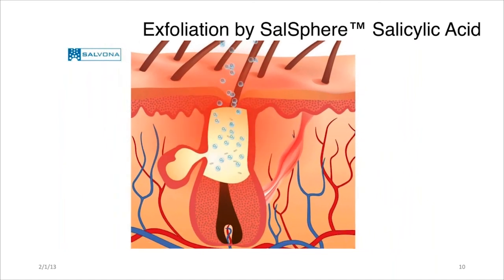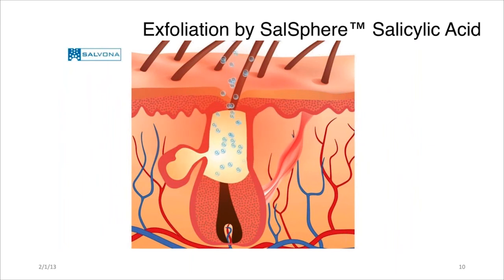The oxygen in the air is preventing the anaerobic P. acne bacteria from growing. Therefore, salicylic acid can be used when there is acne or when there is no acne but the consumer has acne-prone skin. This is a way to keep the skin healthy, keep the pores open.